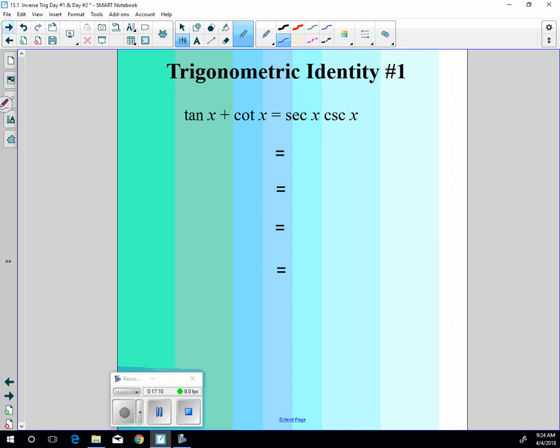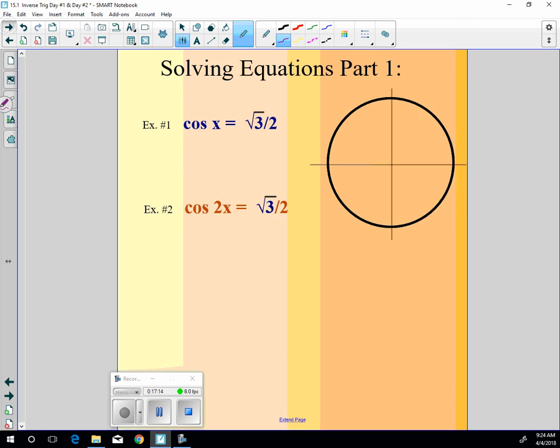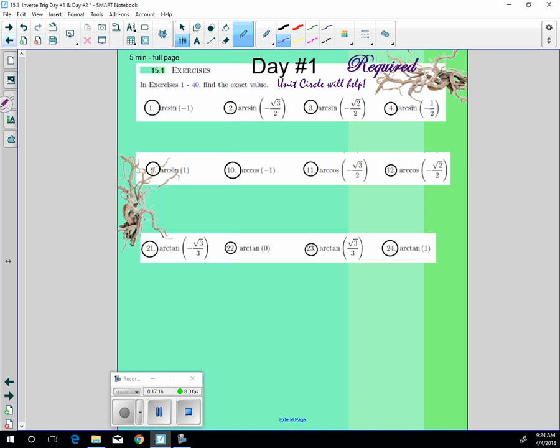Can you go down to, gotta find it here, day 1. And what you're doing is just changing these ratios next to arc. This is a ratio. You're going to turn them into what? What are you going to be finding? Degrees or radians. So arc means radians. So it's going to be something pi over.